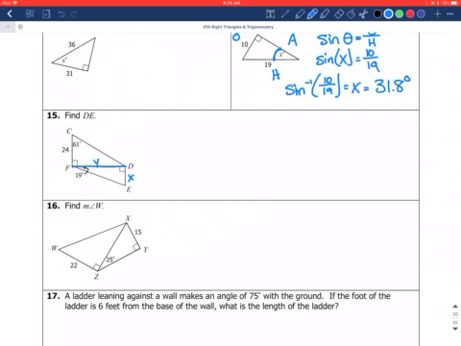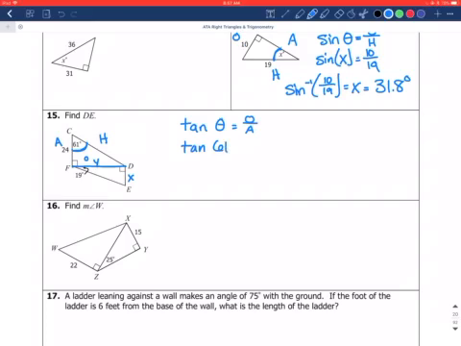So if we're looking for this one, I'm going to call this Y. If we're looking for DF, C is my reference angle, and in this case, my hypotenuse is here, this is adjacent, this is opposite. Okay, so we have opposite and adjacent, and that will be tangent. So the tangent of theta equals opposite over adjacent.